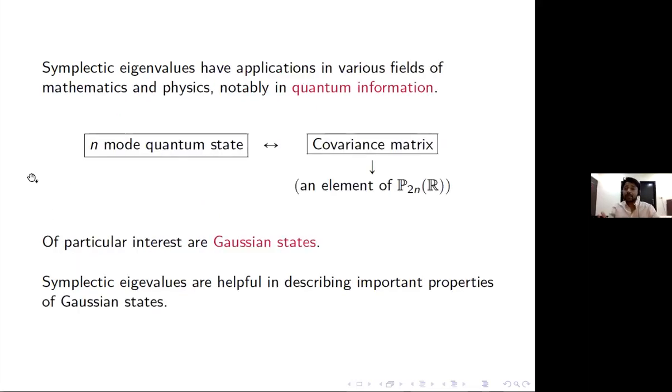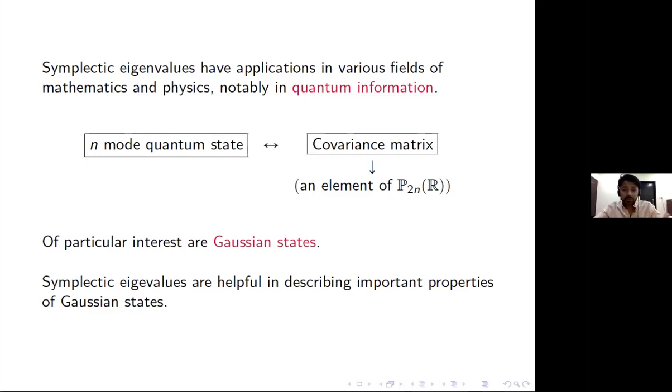Symplectic eigenvalues have applications in various fields of mathematics and physics. Perhaps the most important and well-known application is in quantum information theory, where one studies quantum states. Given an n-mode quantum state, associated with that state is a 2n cross 2n positive definite matrix known as the covariance matrix of that state.